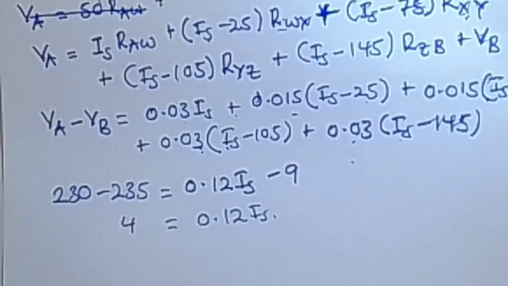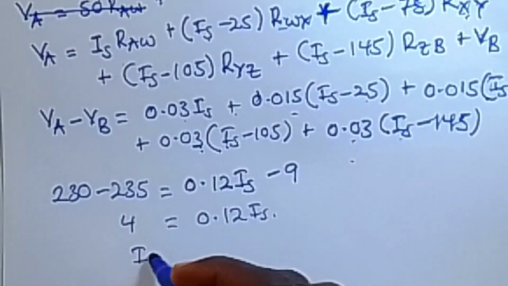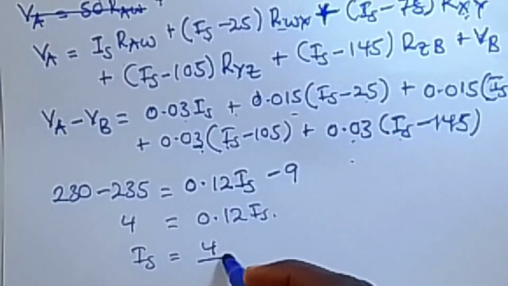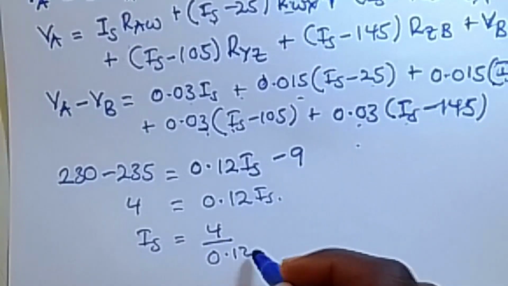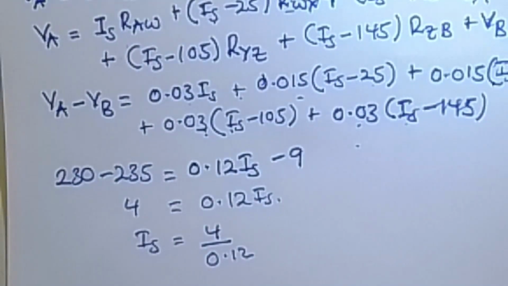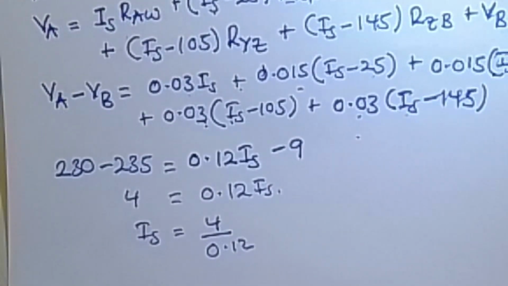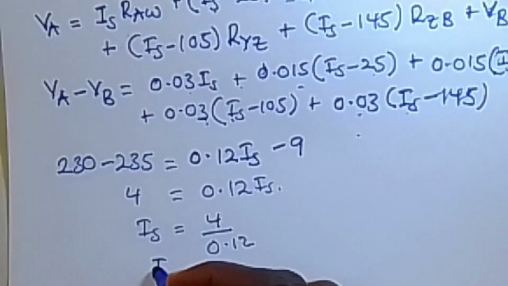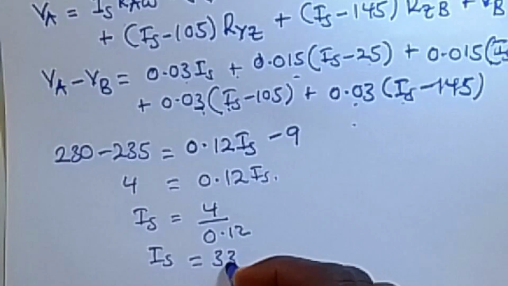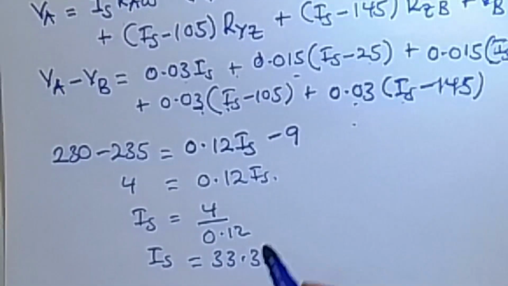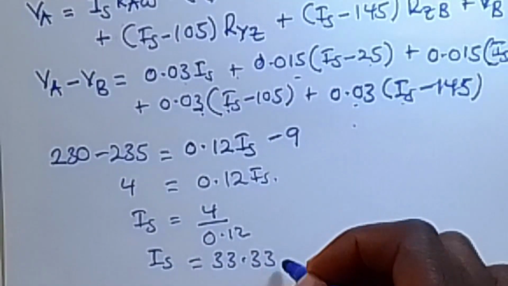Then I can make IS the subject. IS will be equal to 4 divided by 0.12, which gives me 33.33 recurring. So my IS is equal to 33.33 amps.